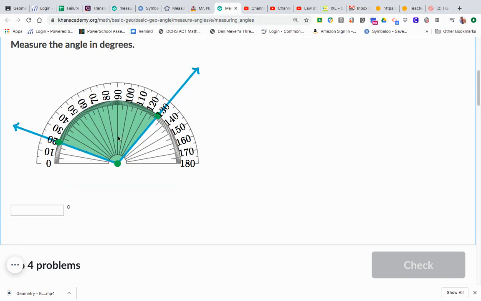They want to know what that angle is. Well, if I go from 20, let's read the top number here, 20 to 130. All right, that is 20, 130. That's 110 degrees.